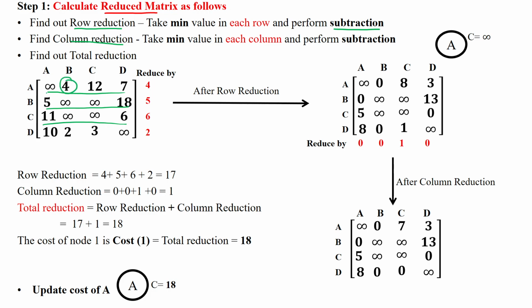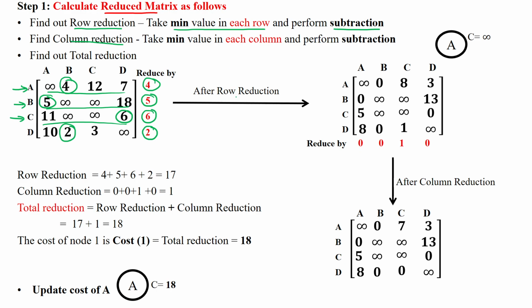For example, here 4 is the minimum value in the first row, so 4 is selected. 5 is the minimum value in the second row, 6 is the minimum in the third row, and 2 is the minimum in the fourth row. So the minimum value from each and every row is selected.